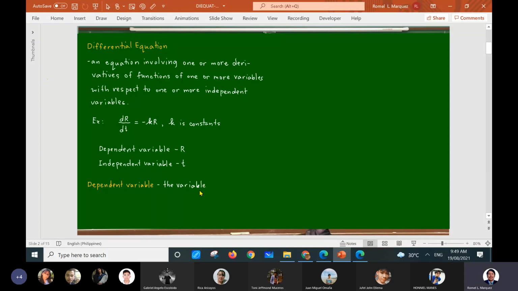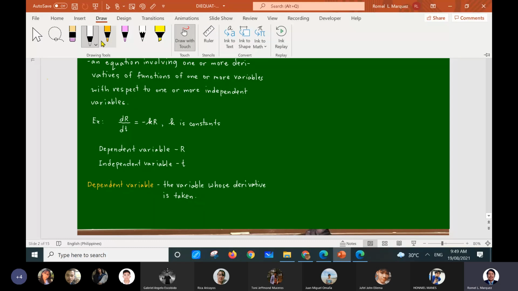Again, it is the variable whose derivative is taken. Okay? Is that clear, guys? Like for instance, if you have y equals x squared, if you take the derivative of y, that is our considered dependent variable. What about the independent variable?